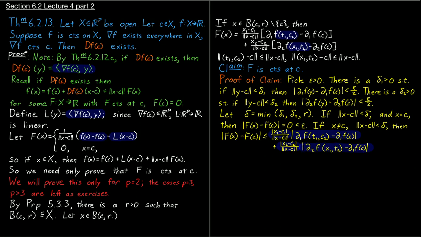That's because if x minus c is less than delta, then these distances also have to be less than delta. So this is less than epsilon. So that proves the claim. That shows that f is continuous at c, and in fact, this completes the proof.